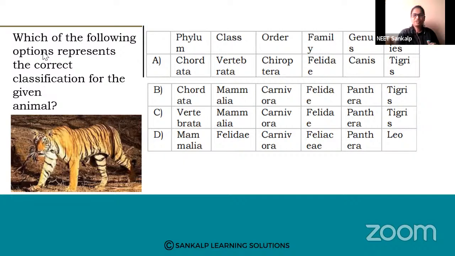B: Chordata, Mammalia, Carnivora, Felidae, Panthera, Tigris. C: Vertebrata, Mammalia, Carnivora, Felidae, Panthera, Tigris. D: Mammalia, Felidae, Carnivora, Felidae, Panthera, Leo.